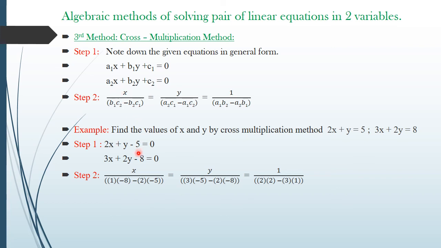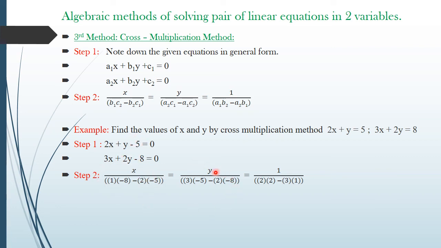So the formula is x divided by b1 c2. Here in the first term, b1 is 1. c2 is minus 8, minus b2, whose value is 2 here, and c1 value is minus 5. So the first part is over.